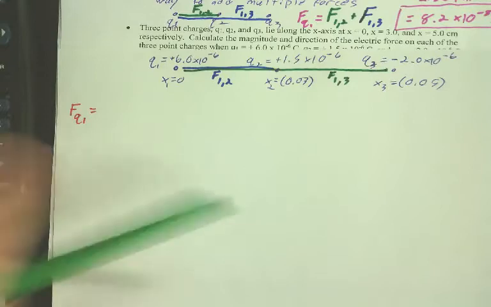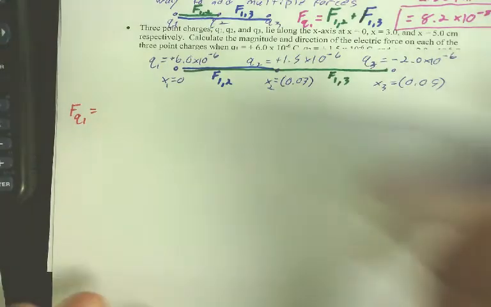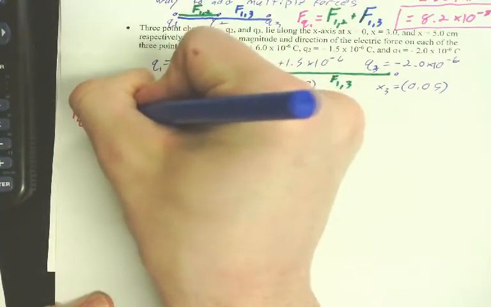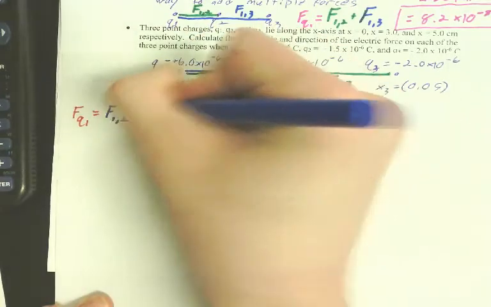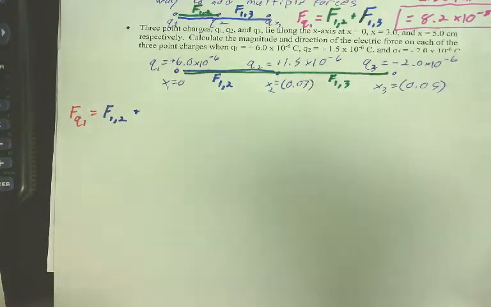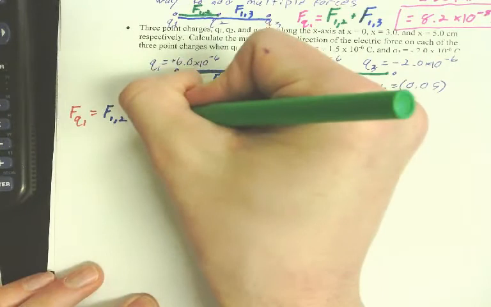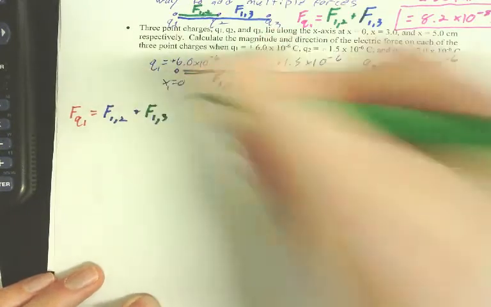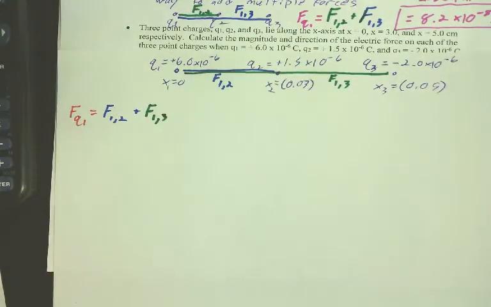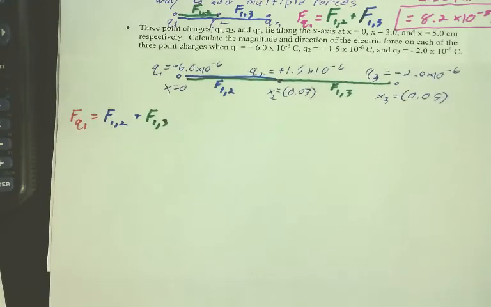So, to get the force on Q1, we have to add the force between 1 and 2 to the force between 1 and 3. Notice that I did not include the force between 2 and 3 because that has no bearing on 1. Questions so far?